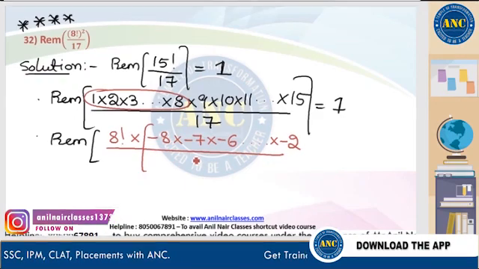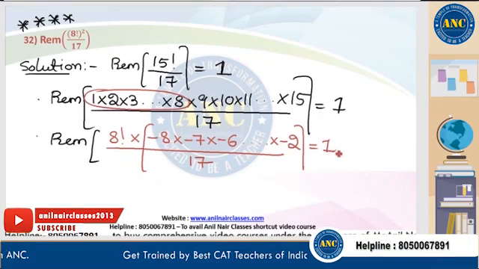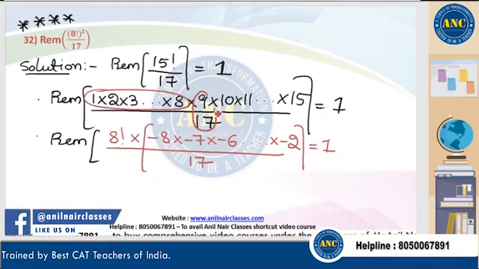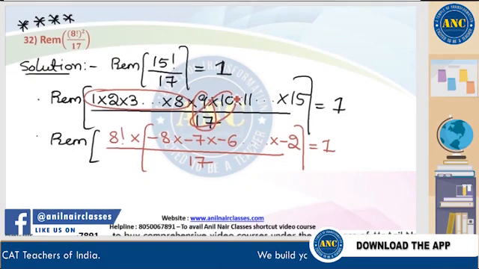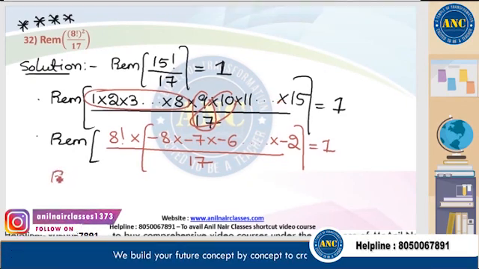As long as the numerator is less than the denominator, the remainder does not change. I hope it is clear. So 17 ones are 17 minus 8, minus 7, minus 6 and minus 2. Remainder 1.